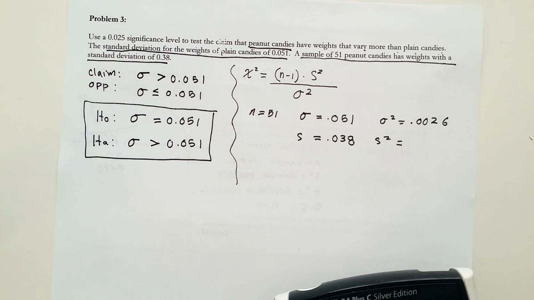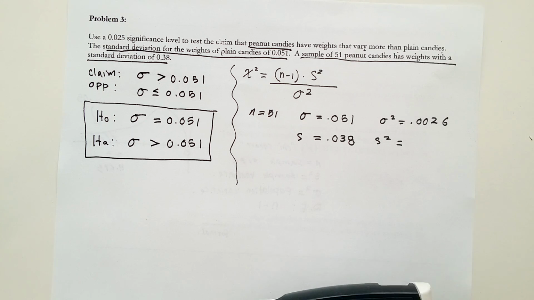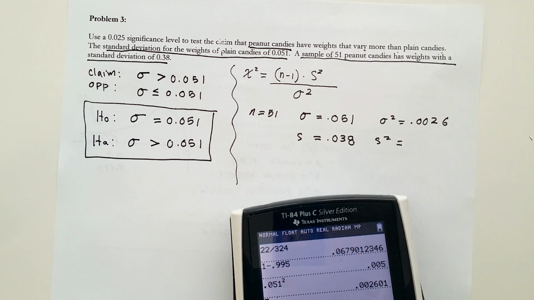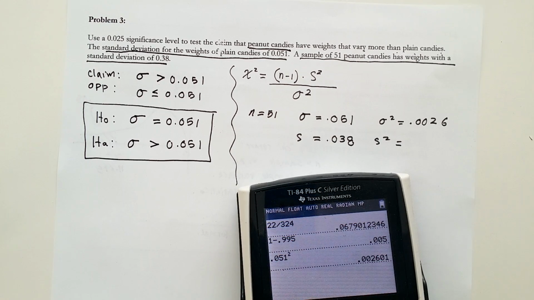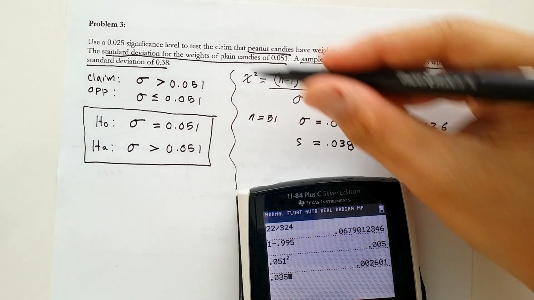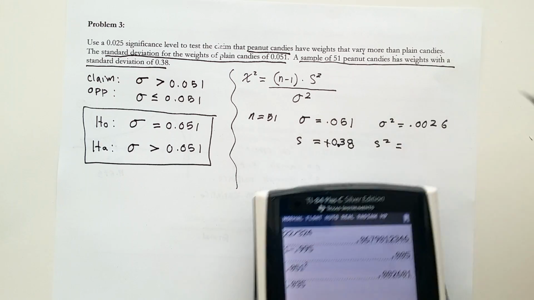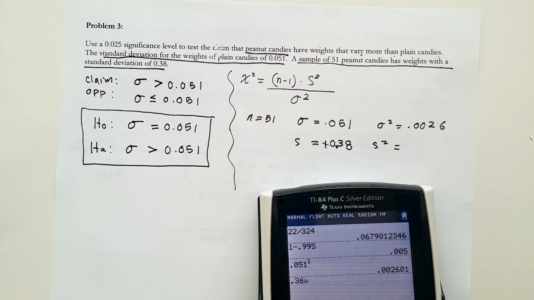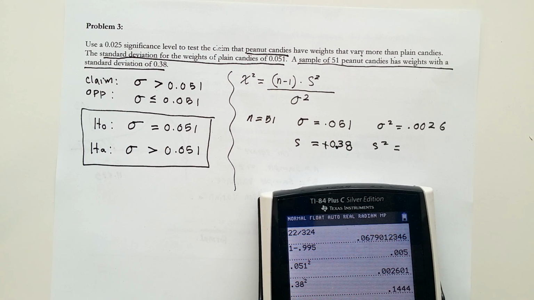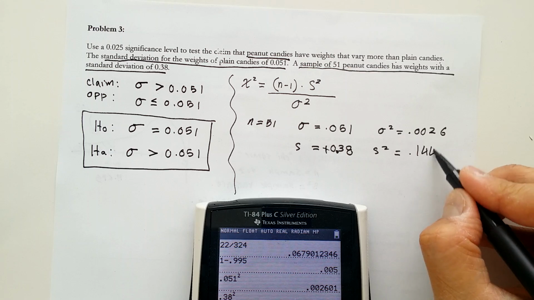We square them and see what we get. Oh, I'm sorry, just 0.38, not 0.038. So we take 0.38, square it, and we get 0.1444.